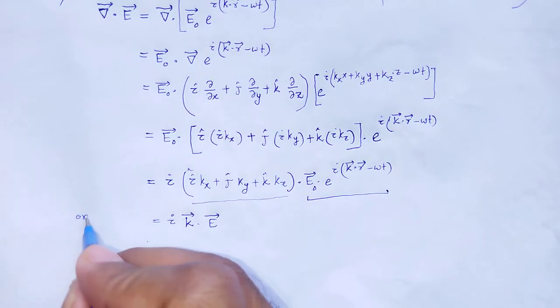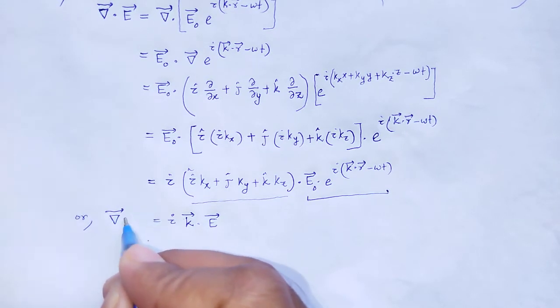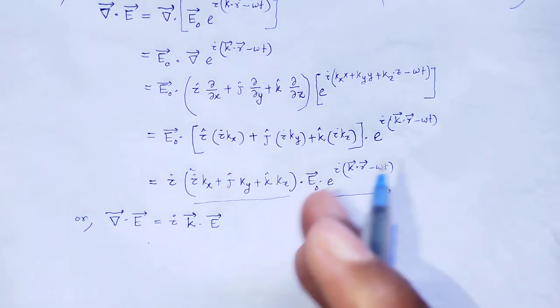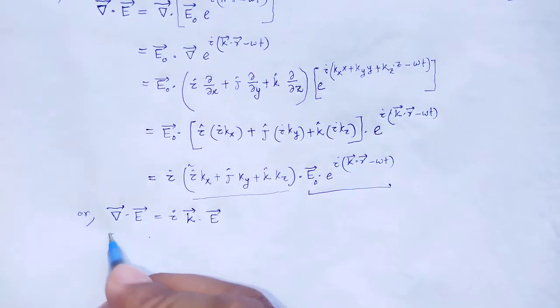So, here we obtain grad dot E vector is equal to that.